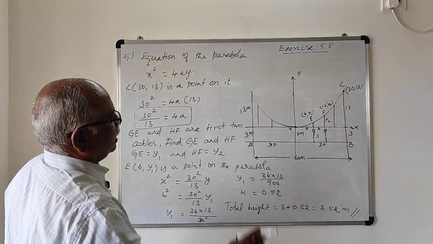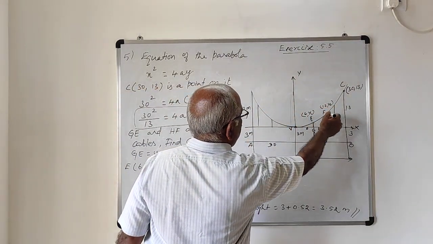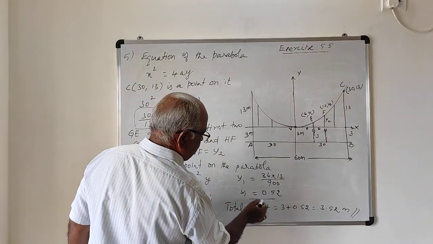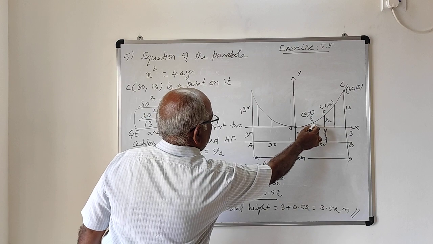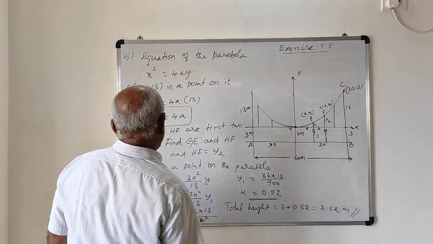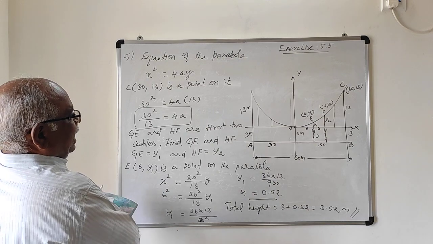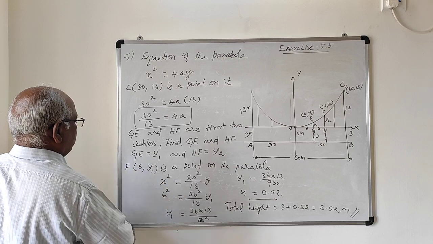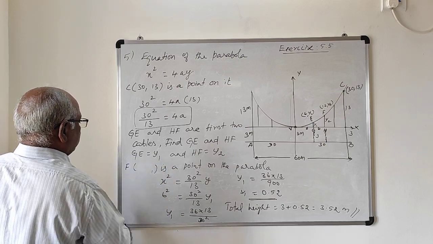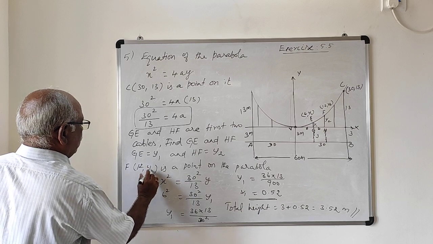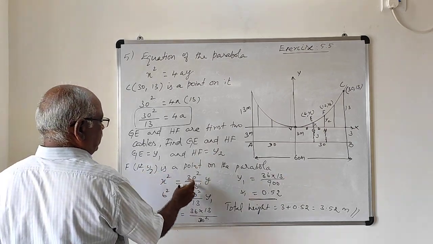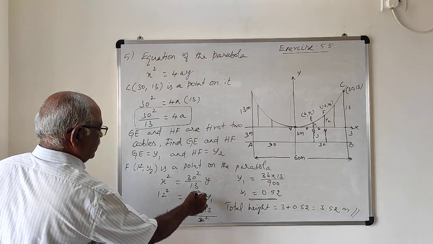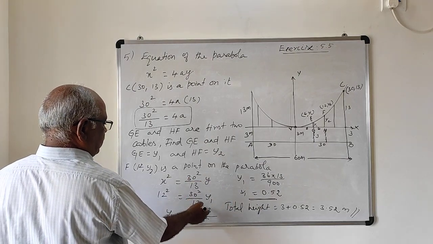For the second point, (12, y2) is a point on the parabola x squared equals 30 squared by 13 y. Instead of 6 squared, you get 12 squared equals 30 squared by 13 into y2.